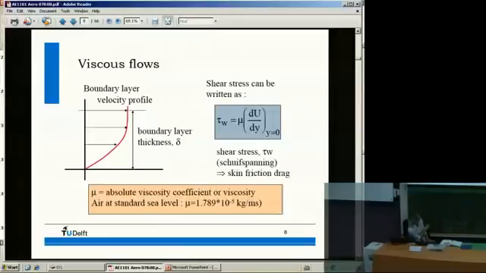Do you think the friction would be higher or lower? Who thinks the friction will be higher? 1, 2, 3, 4. A few hesitants. Lower? Oh, it's the other way around. It's higher.